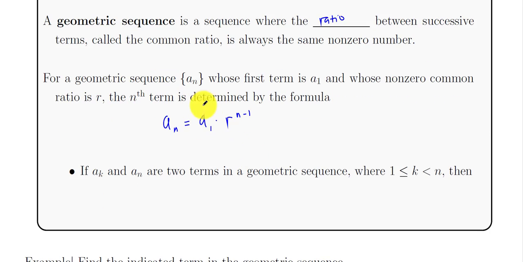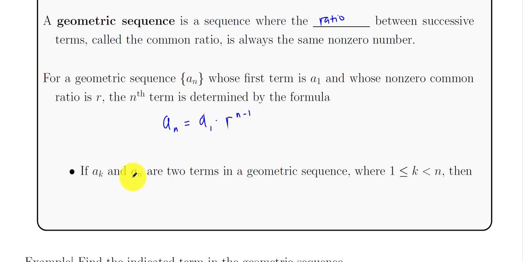This is the general formula to find any nth term, given that we know the first term and the common ratio, which is the ratio between any two successive terms.